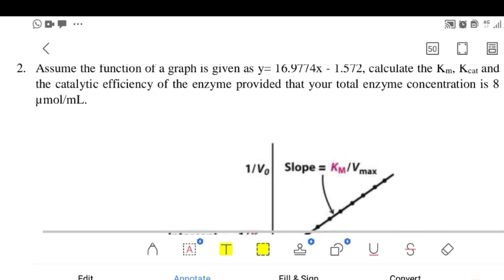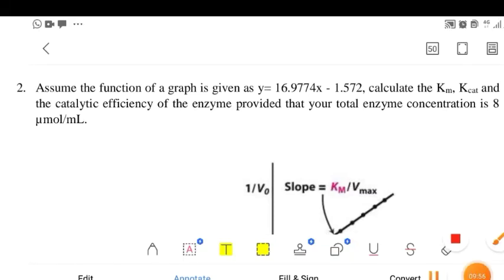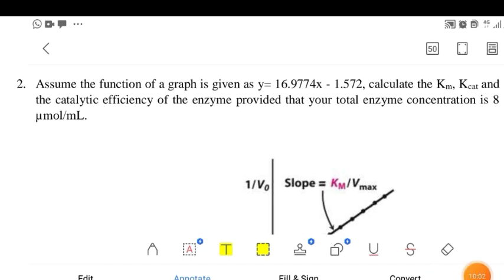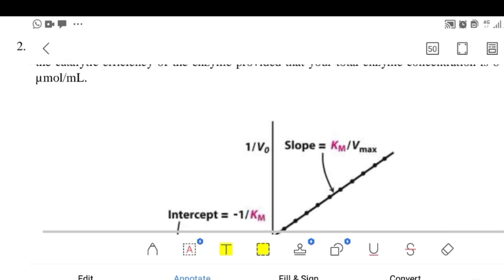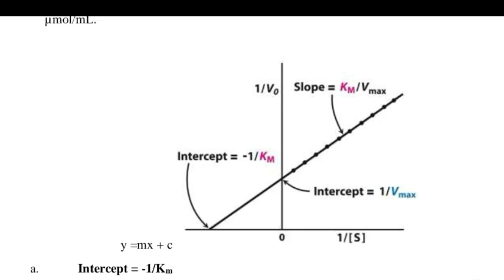Now the next example that I want to give you is one where I give you a graph. In case you are given a Lineweaver graph, I've provided you a function of Lineweaver which we will use for the purpose of this explanation.